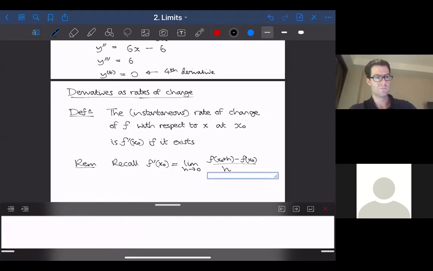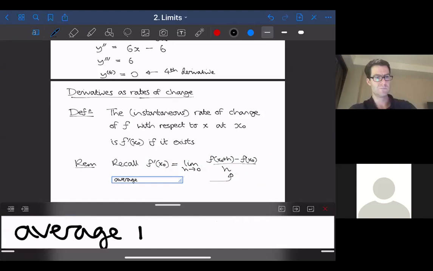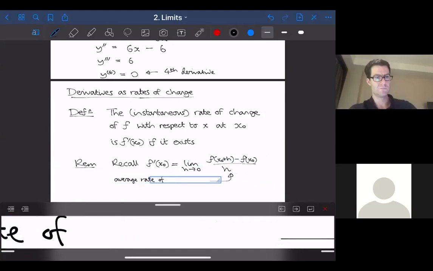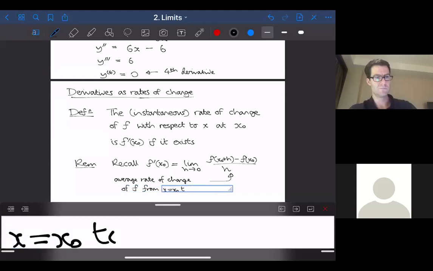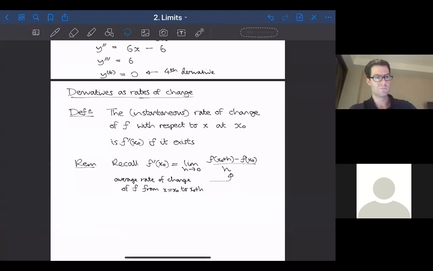So that ratio is the average rate of change of f from x equals x0 to x0 plus h. So when I take the limit, I can think of this as the instantaneous rate of change.